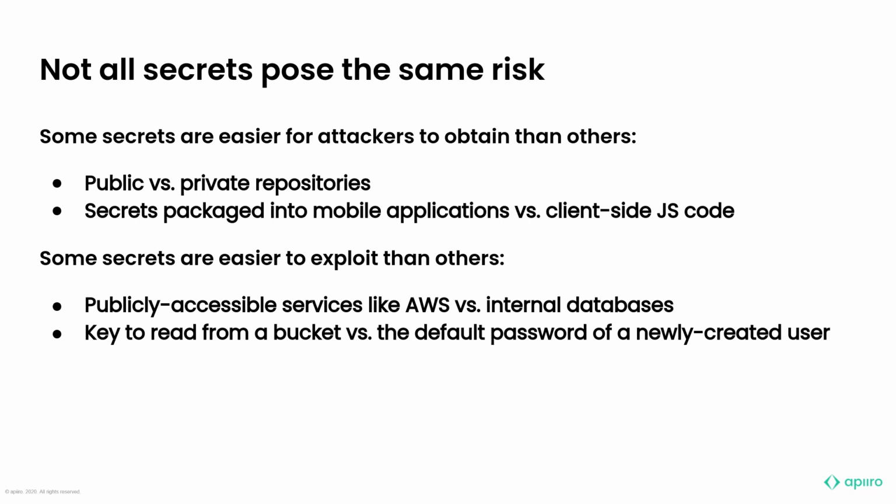Again, this was already covered by the real world cases that we saw, but having the same secret published in a public repository versus a private one makes the attacker's work very easy, because he can just access GitHub and pull the secret instead of trying to break into the organization and steal the private repository.